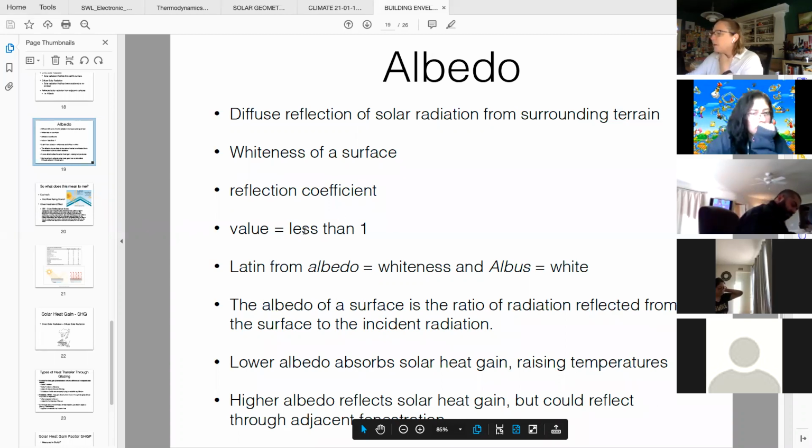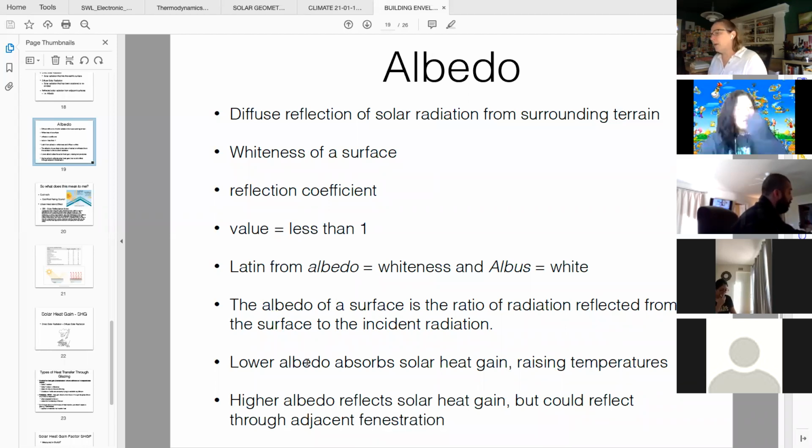So the closer the value to 1, the better performing it is. This is the opposite of our solar heat gain coefficient for our windows, where the lower the value, the better. With albedo, the higher the value, the better, because it means it's reflecting more.